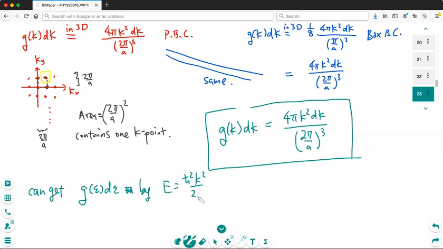This is called the dispersion relation. If you know for your problem, for each k state, you can relate an energy state by this equation, then you can simply change a variable. Whenever you see k, you change to E, and don't forget this dk. Whenever you see dk, you change to dE, you rearrange, you get G(E)dE.